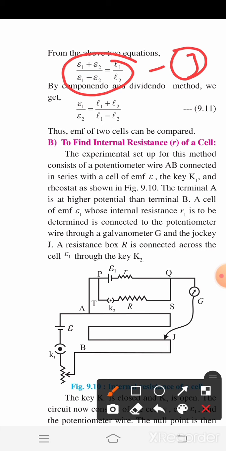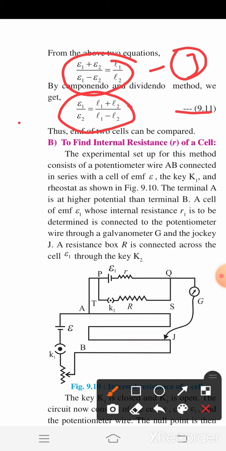We apply the componendo and dividendo rule on LHS as well as RHS. So by cancelling some terms, we get E1 upon E2 is equal to L1 plus L2 divided by L1 minus L2. Equation number 9.11.